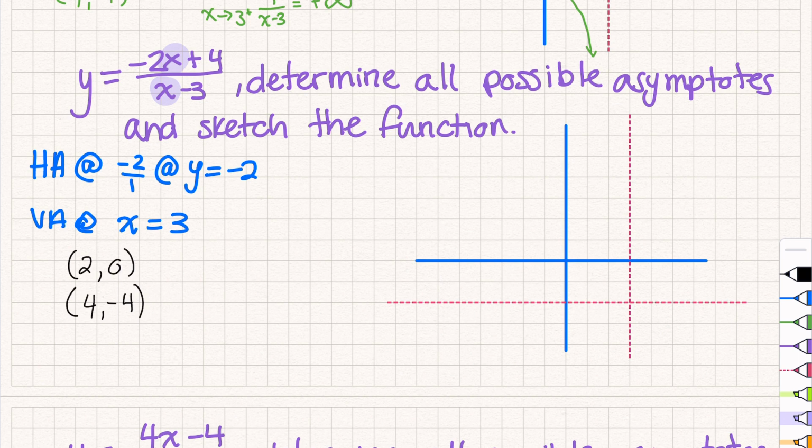So (2, 0), and then (4, -4). And then you can check other points as well, but you're going to get a curve somewhat like this. And like this.